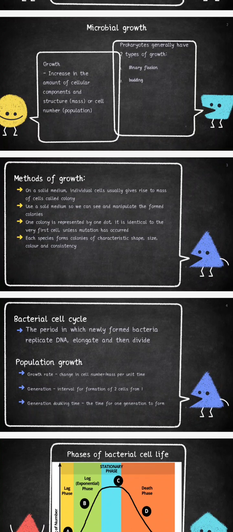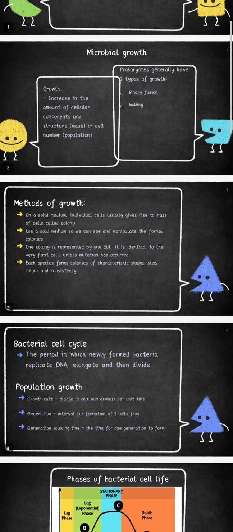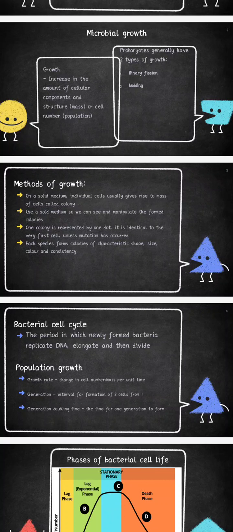And fourth, your surface. How does the surface of the colony appear? Examples of surface are smooth, rough, dull, or wrinkled. Fifth is opacity.